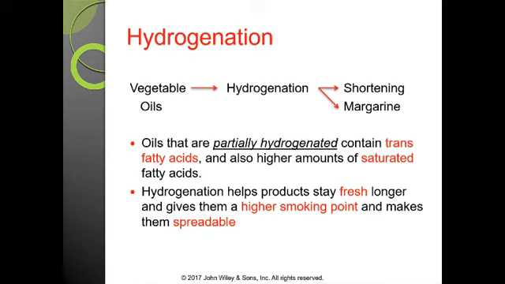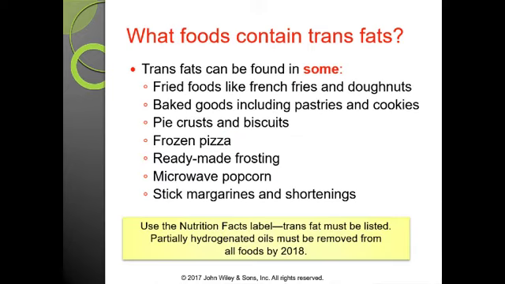But over time, based on studies and looking at how food affects our body and our health, we have determined that the hydrogenation process and its effect of creating trans fats are no longer useful. In other words, the risk outweighs what we would normally consider a benefit. What foods contain trans fats?